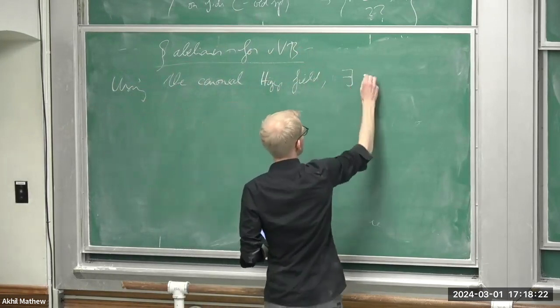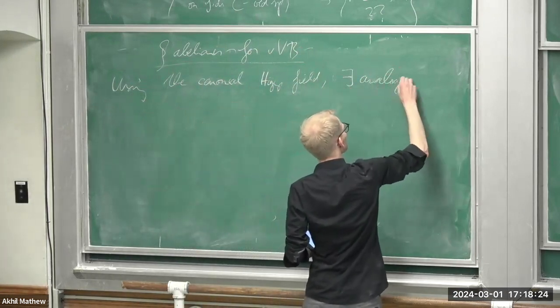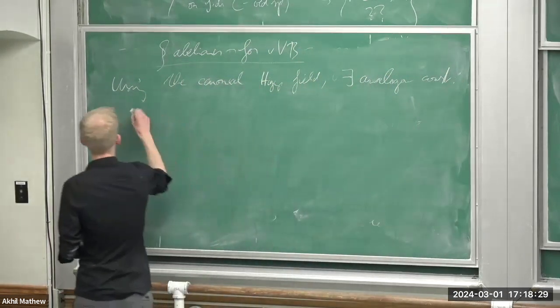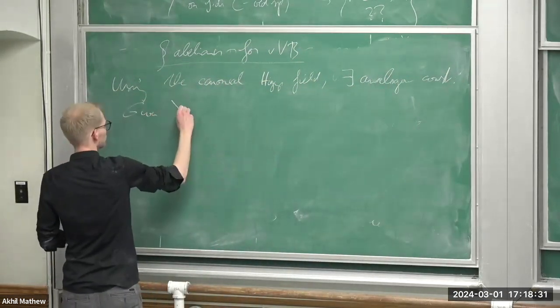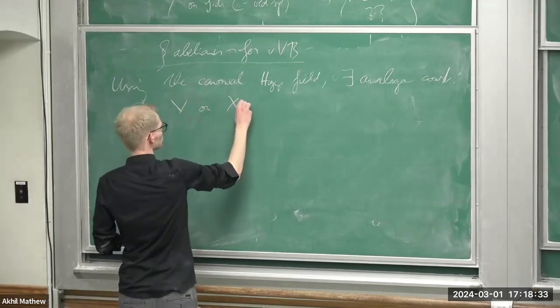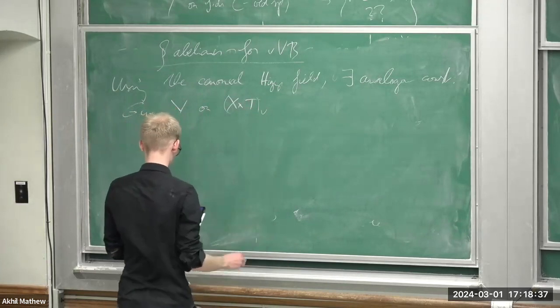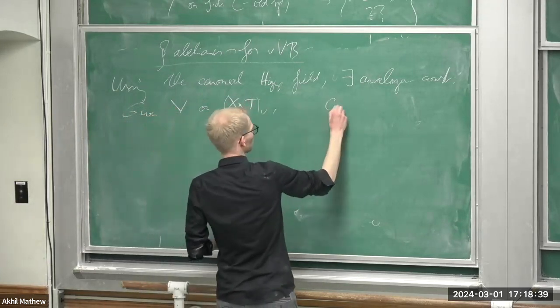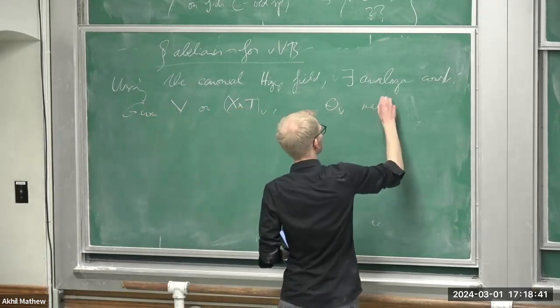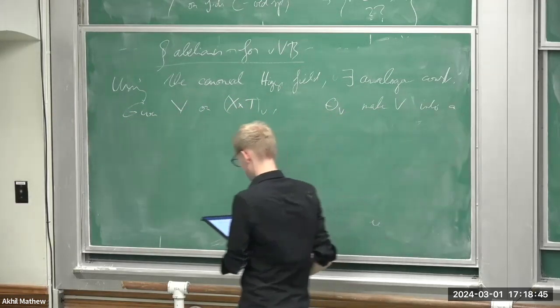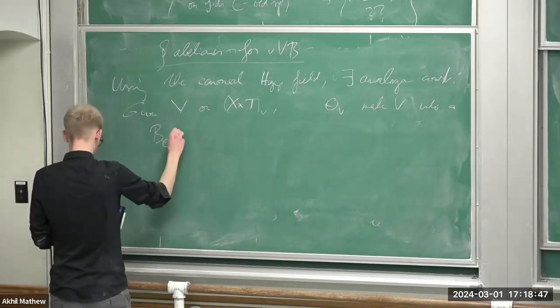We have an analogous construction on this side, to some extent. So given a p-adic connection, the Higgs field makes V into a module under the exact same algebra as before.